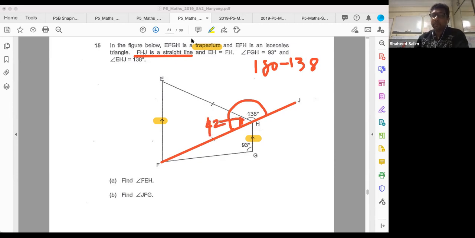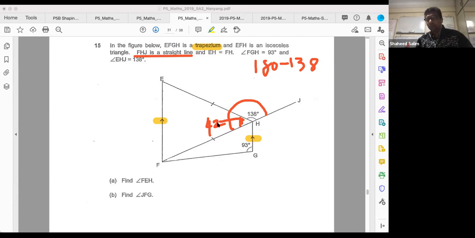And then these two angles are the same. Take 180 minus 42. What do you get? You get 138. These two add up to 138. Then 138 divided by 2, you get 69. So here we go again.